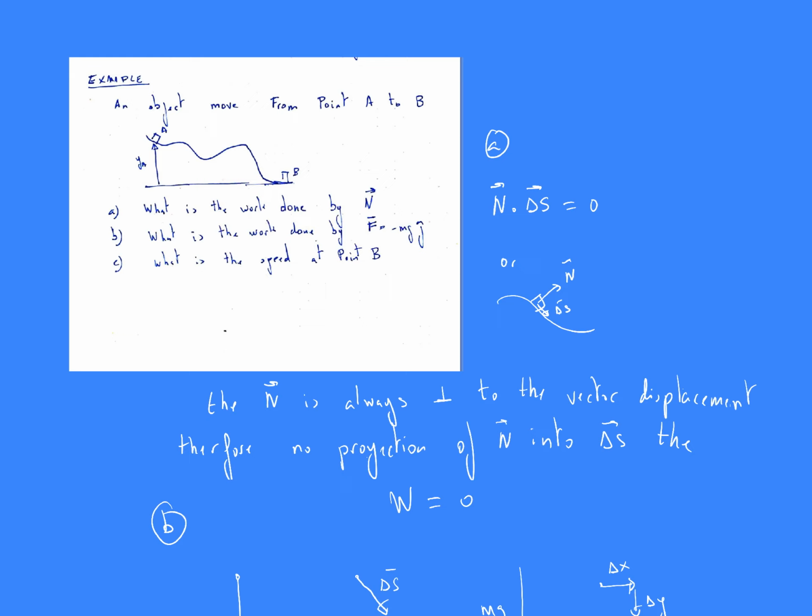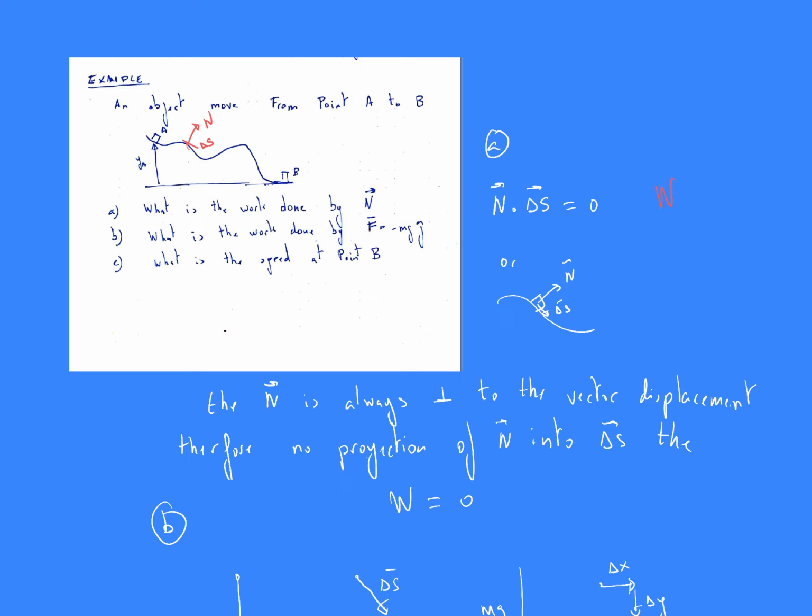So let's solve this example. An object moves from point A to point B. What is the work done by the normal force? The normal force is a force that is always perpendicular to the displacement. So if it's perpendicular to the displacement, it cannot do any work because there is no projection of the force in the direction of the displacement.